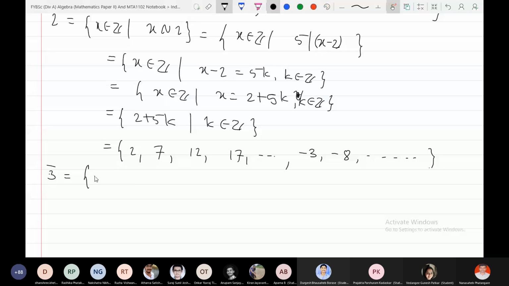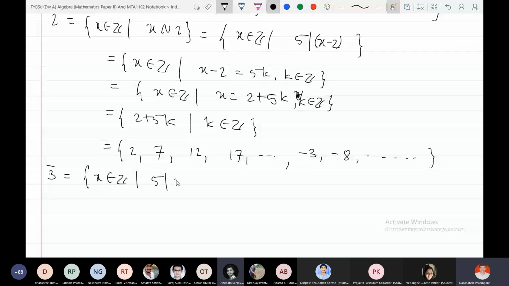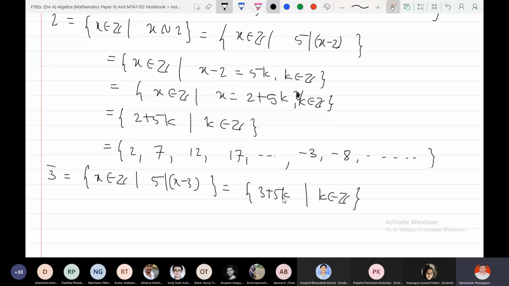All those x such that 5 divides x minus 3. Therefore it is 3 plus 5k, k belongs to Z. I can say 3 minus 5k, it doesn't matter, because we are varying k over integers, so k can be negative or positive, all possible. So 3 minus 5k or 3 plus 5k, same thing.